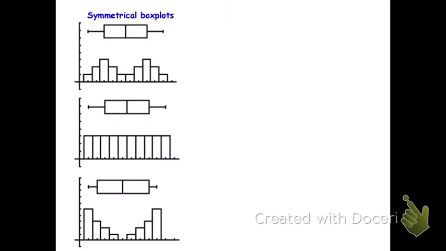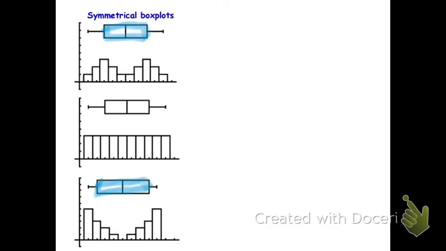So next slide. Here are 3 examples of symmetrical box plots. One of the biggest downfalls is that when the shape is symmetrical, these are 3 different distributions. They kind of look similar in a box plot. The only thing that is different is that the third box is a little wider than the top one.